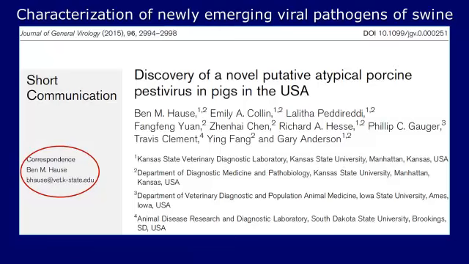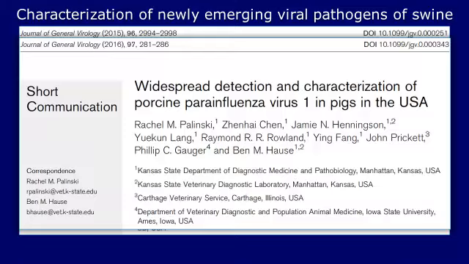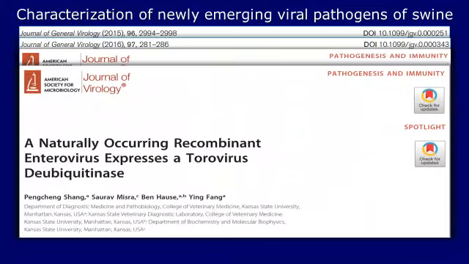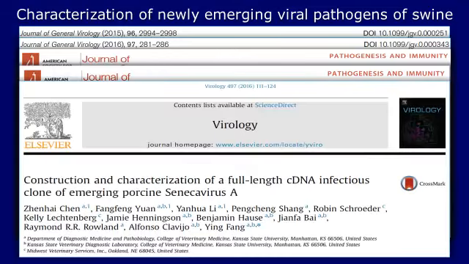This includes the atypical porcine pestivirus, the porcine parainfluenza virus, the porcine circovirus, the recombinant enterovirus and torovirus recombinants, and also the Seneca Valley virus.